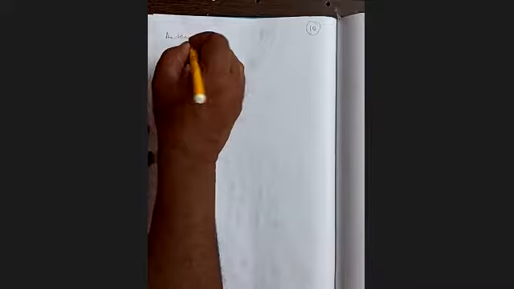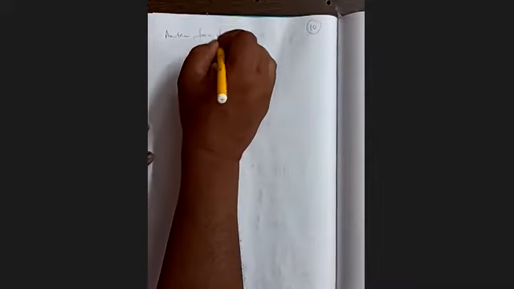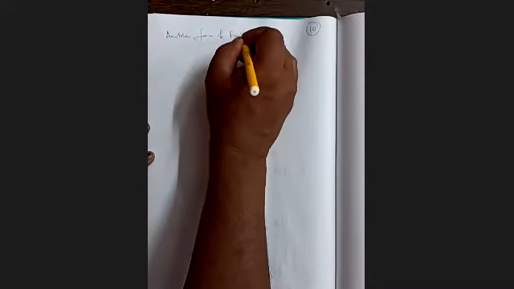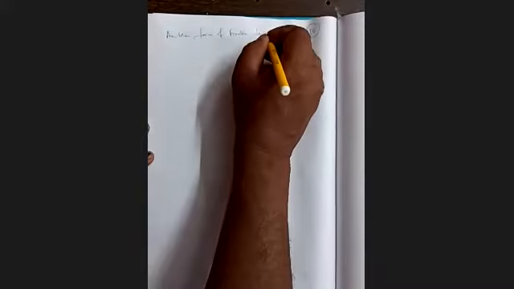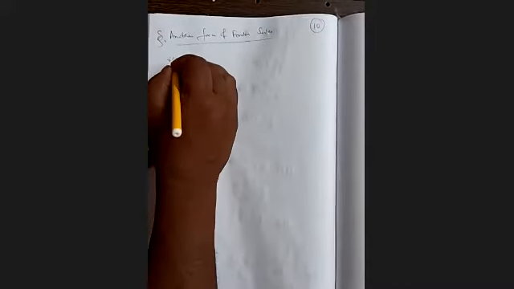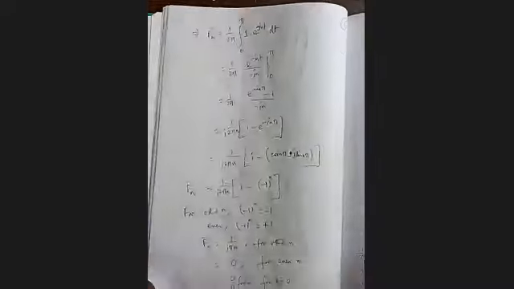So page number 10. Another form of Fourier series. Now we start with our x(t) equal to, from this line we start rather.